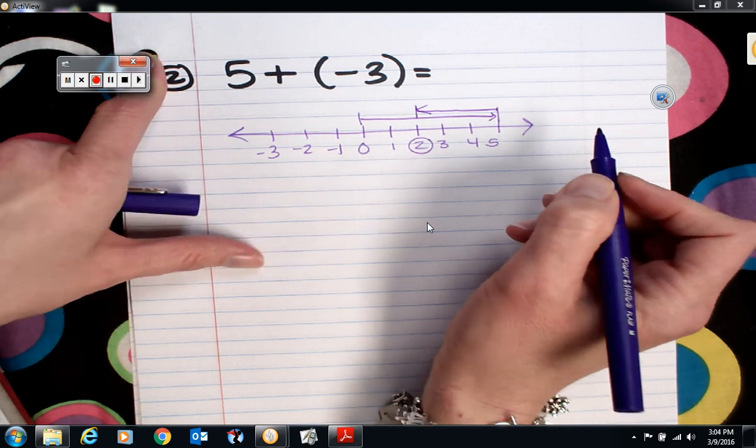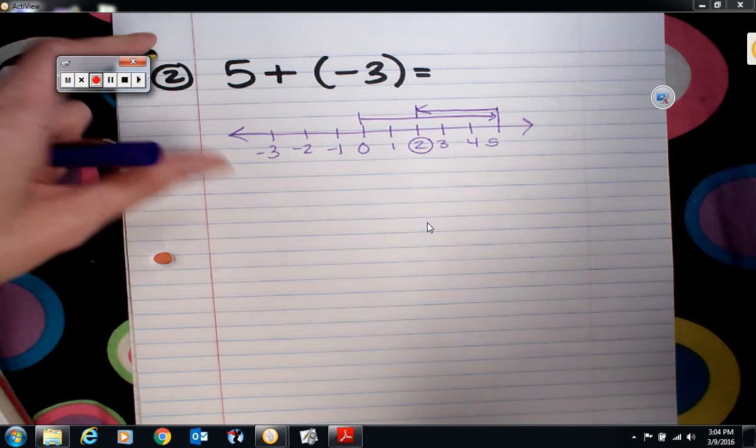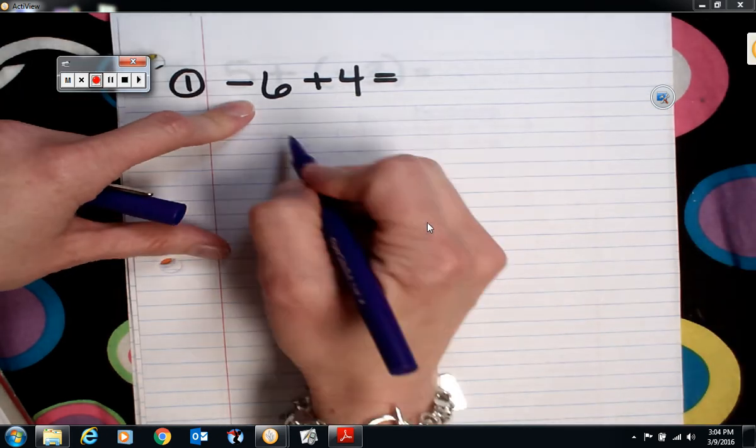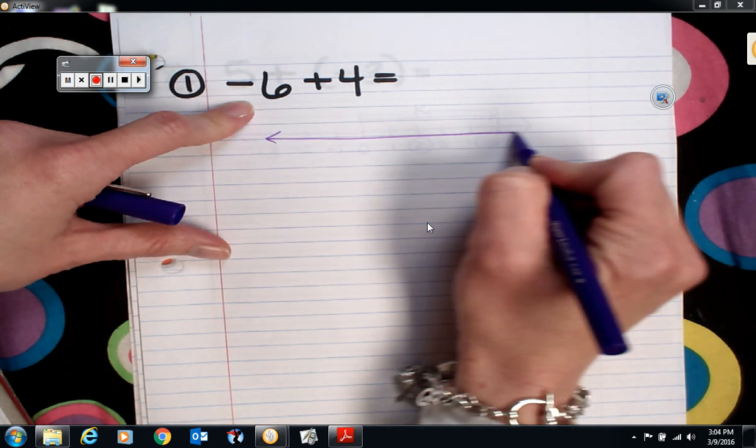So when I add 5 and add a -3, that brings me to 2 on the number line. And then if I try the other one that we did with counters, I have -6 plus 4. So I'm going to start with a number line again.